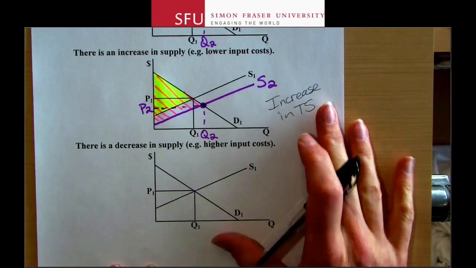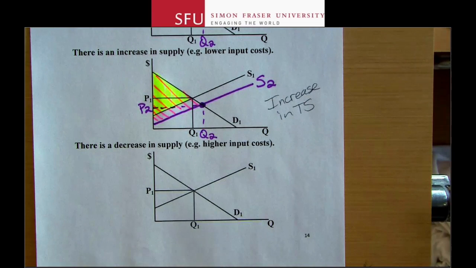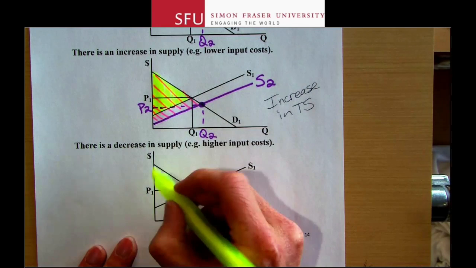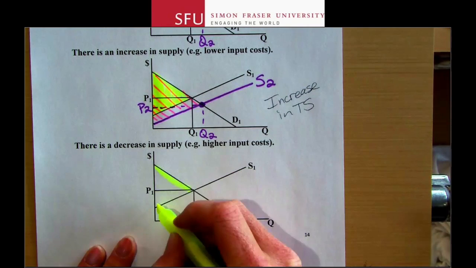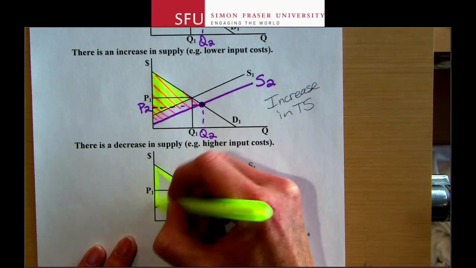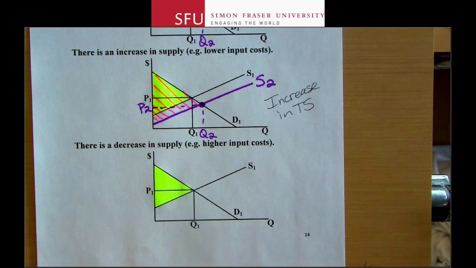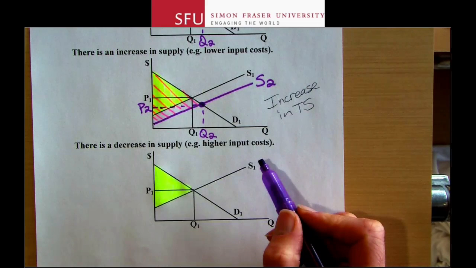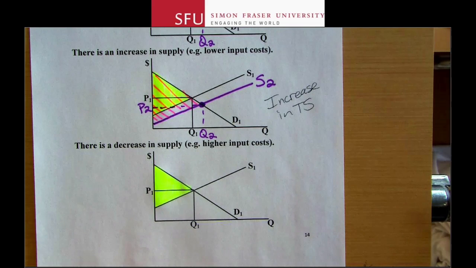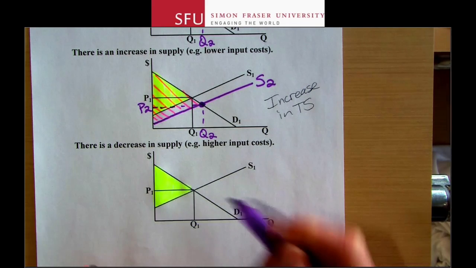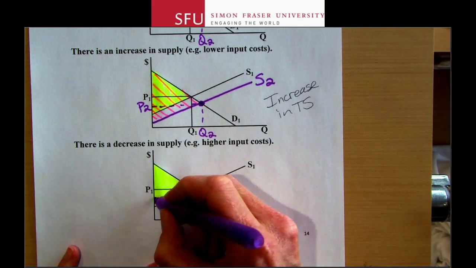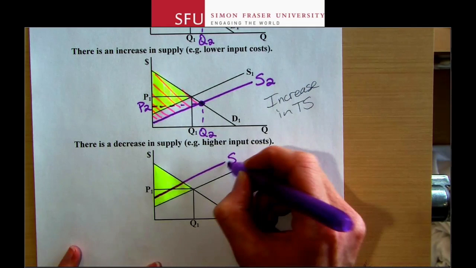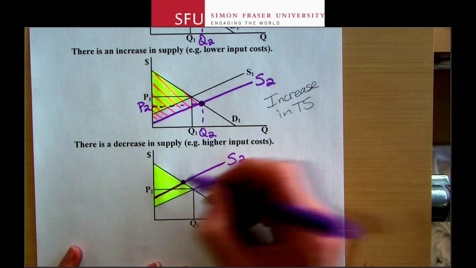Okay, last one. And again, I'll start by coloring in the surplus right now. But then in this example, supply decreases. So for example, higher costs. So higher costs, that will decrease the net benefit. All right, so supply decreases, and we'll show the new equilibrium.